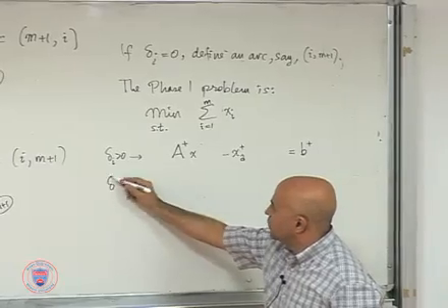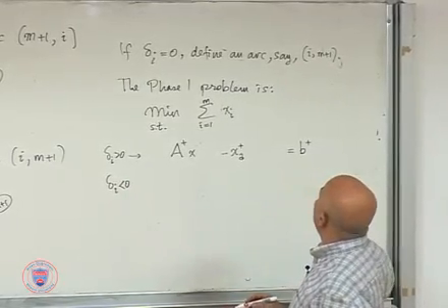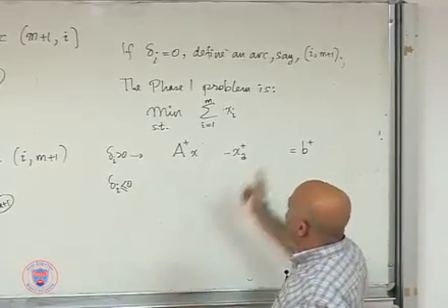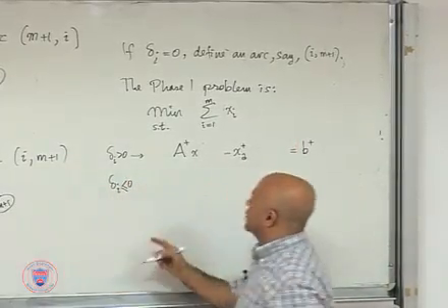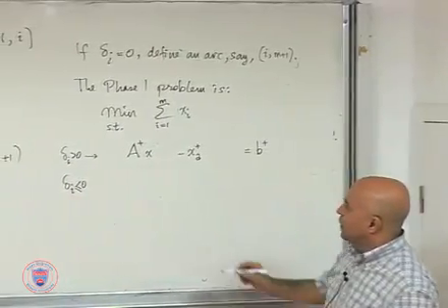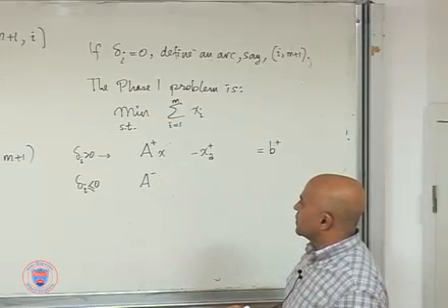For the second part, corresponding to delta i less than or equal to 0, i to m plus 1, I included the last one in this particular case. For that, let's use the label minus.